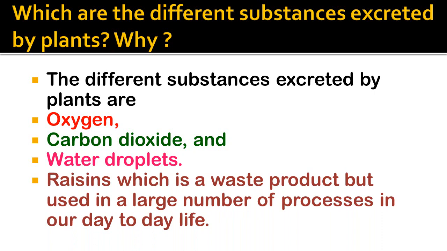Resins are a waste product but are used in a large number of processes in our day-to-day life, for manufacturing many products. So resins are a waste product excreted by plants. These are all the excretory substances of plants.